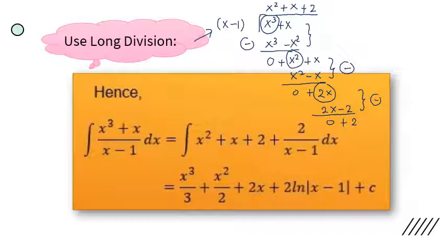So we have the new form of this improper fraction: x squared plus x plus 2 plus 2 over (x minus 1). And then we can simply integrate this.